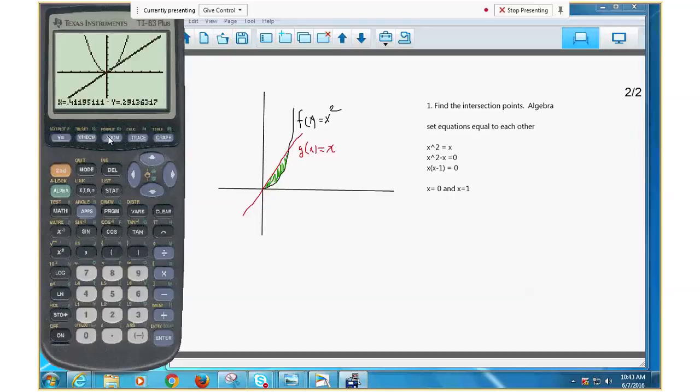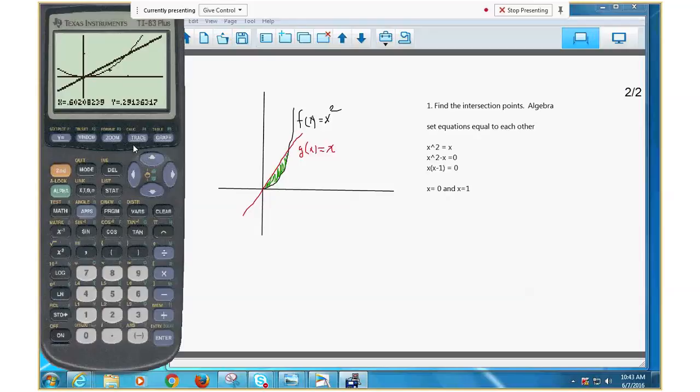And then I go back, zoom window or zoom box, and I'm going to get my origin in there. There. And of course, like I said, you can do this with window, but there, now I see a better picture.